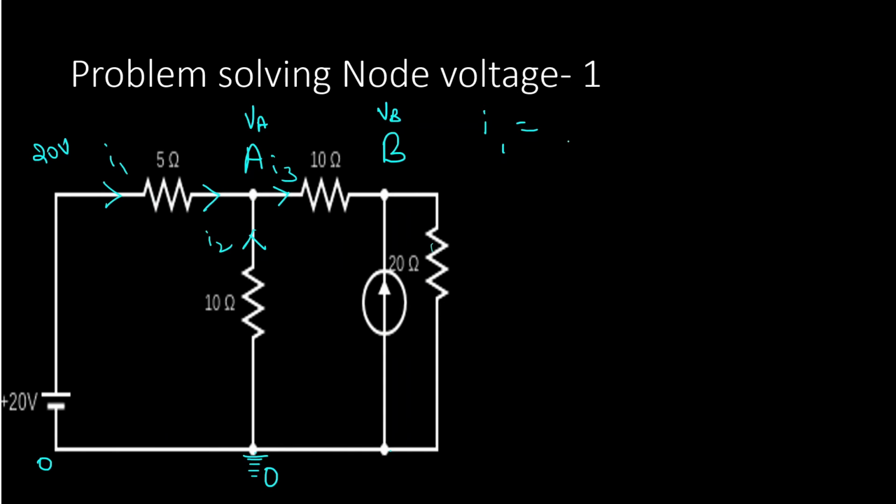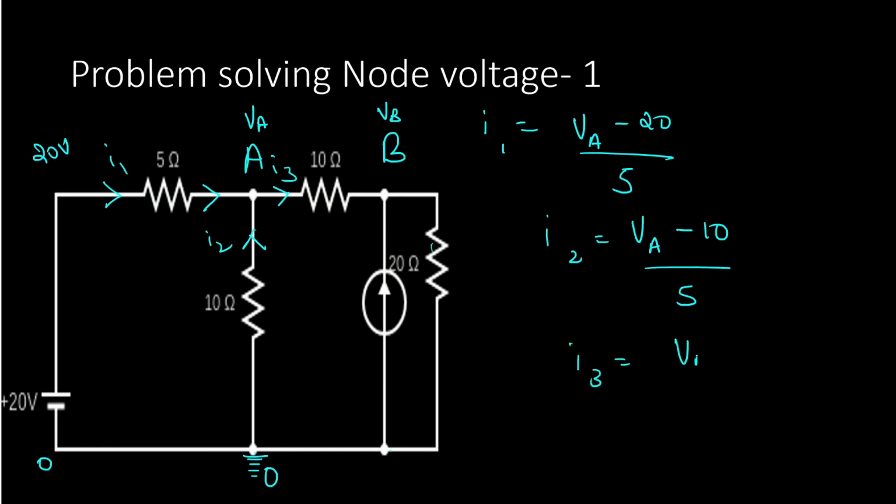So clearly I1 is equal to (VA minus 20) by 5, I2 is equal to (VA minus 10) by 5, and I3 is equal to (VB minus VA) by 10.